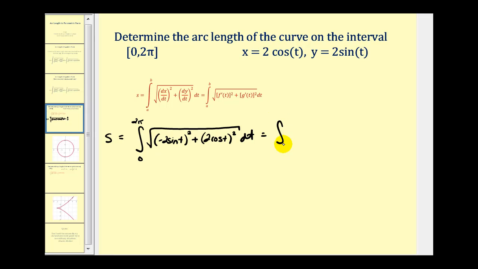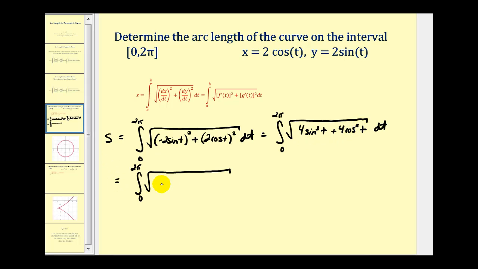Let's go ahead and square these. We have the square root of 4 sine squared t plus 4 cosine squared t. Notice the radicand here does have a common factor of 4, so let's go ahead and factor that out.